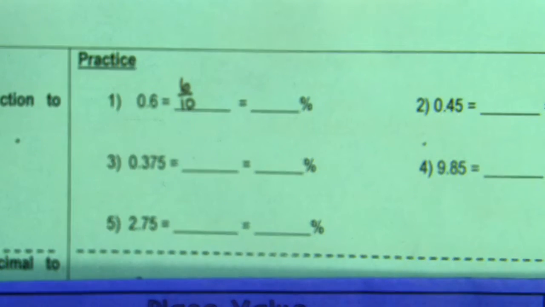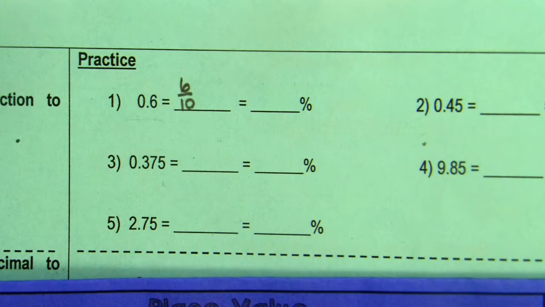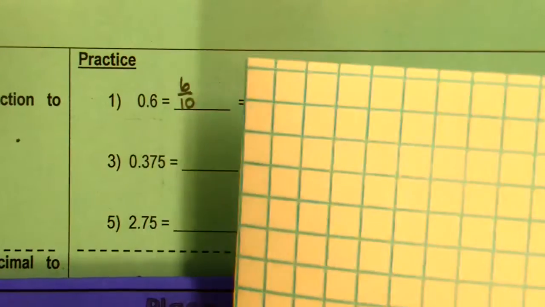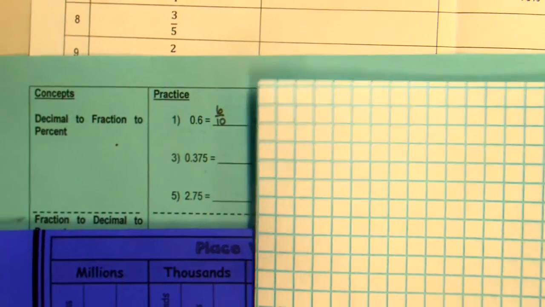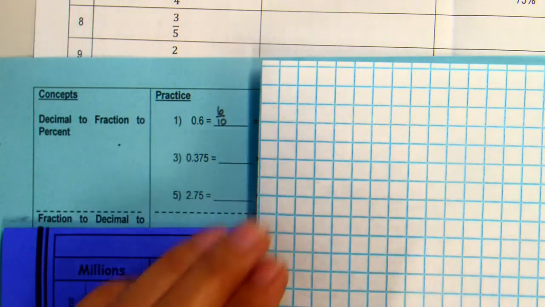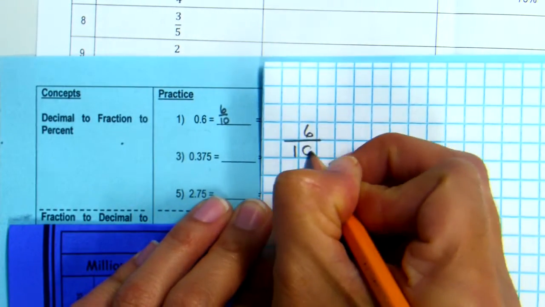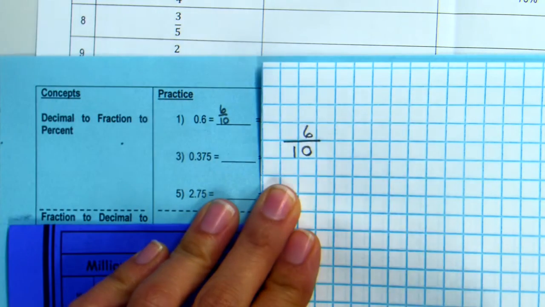But then you need to simplify. To simplify is to find a number to divide both the numerator and the denominator. So I'm going to use graph paper, okay, so you can see it. 6 tenths. And remember, we have different tips.